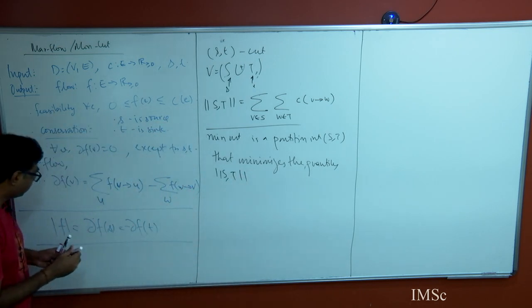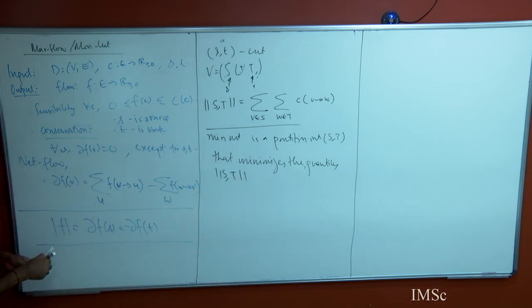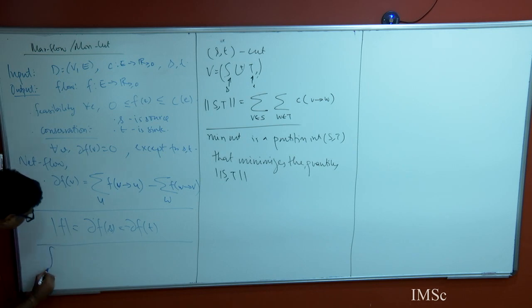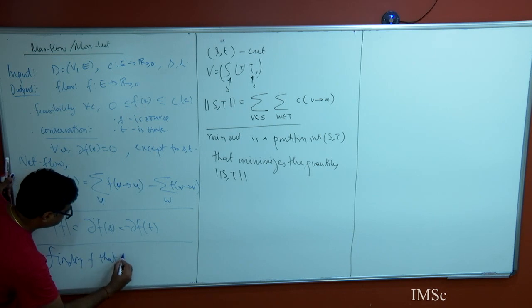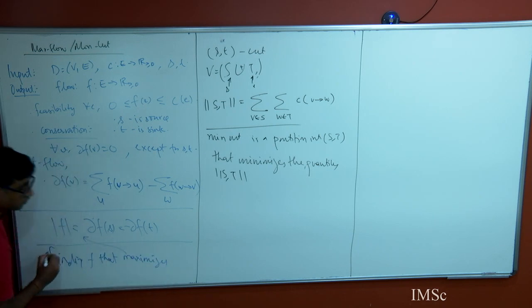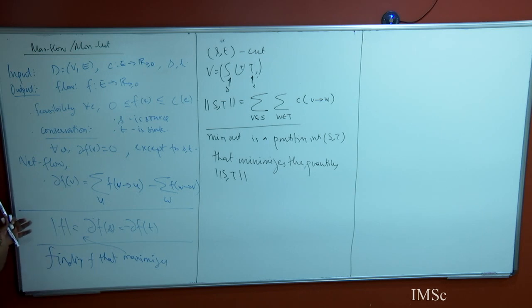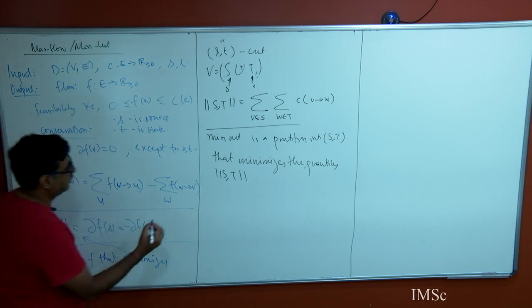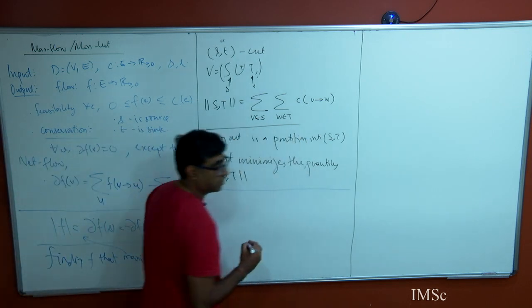And what is the max flow? Max flow is finding f that maximizes the flow value function. And we said that max flow is equal to min cut. So we'll prove this. But before that, this is the setup we have been working on.